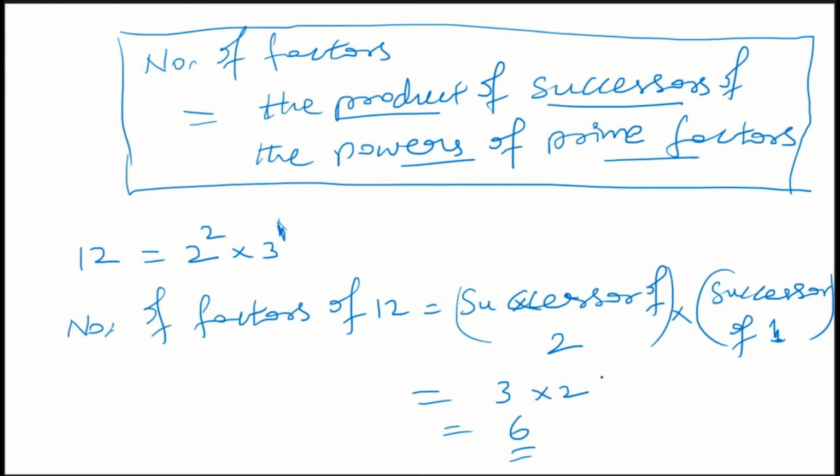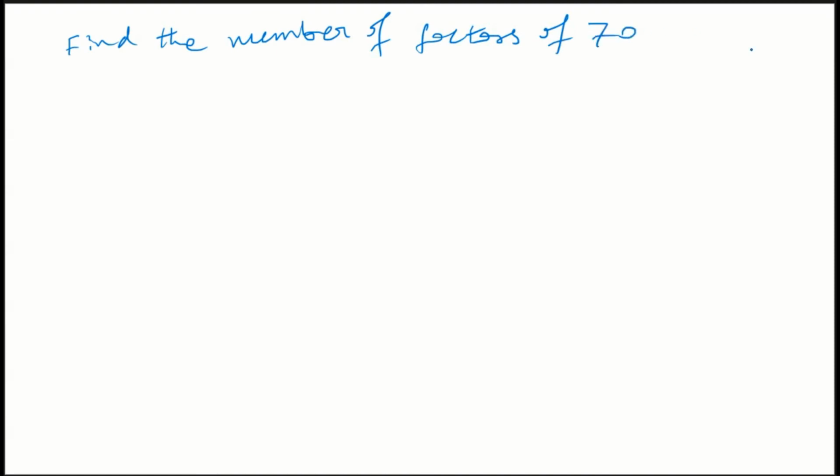Now let us take one more example. Find the number of factors of 70.